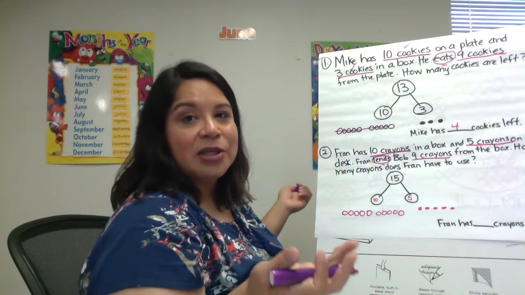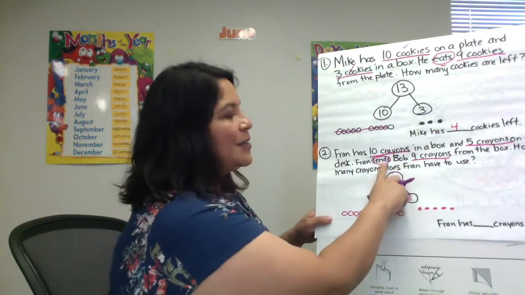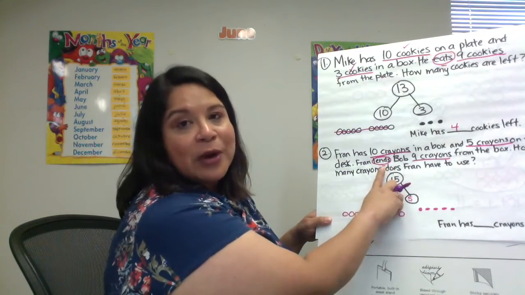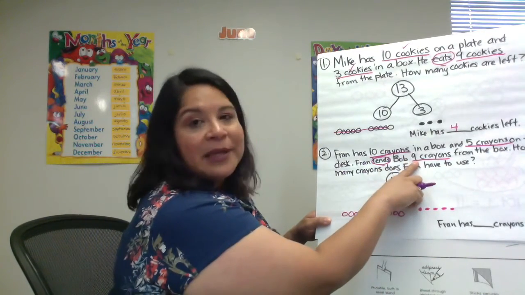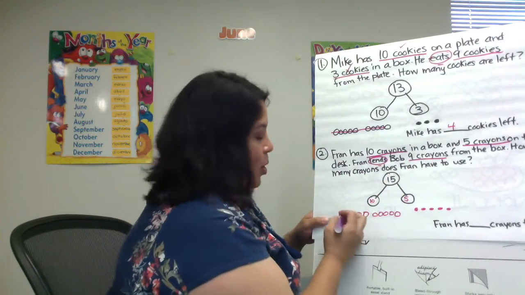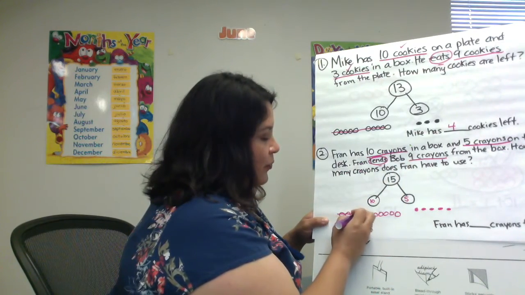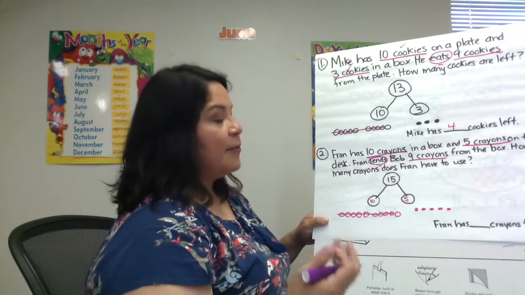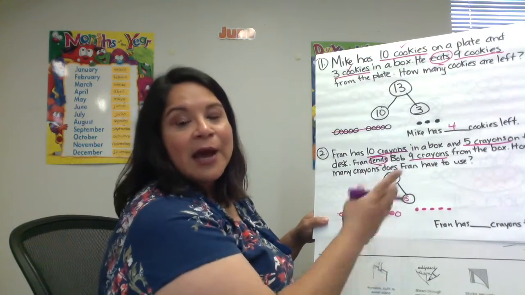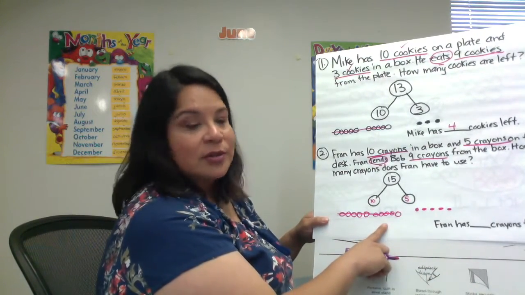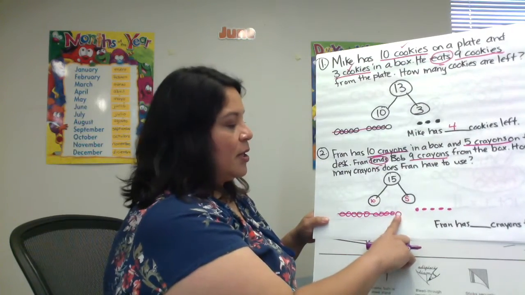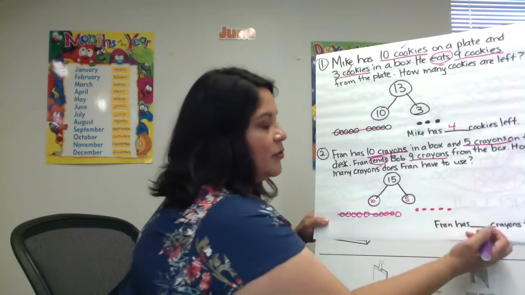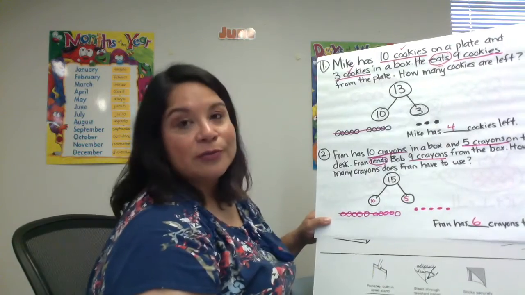How many can she actually use now that she lent Bob 9? So she doesn't have them, so we are going to subtract. We're going to take away. How many? 9. Okay? 1, 2, 3, 4, 5, 6, 7, 8, 9. Now, after she lent 9, how many does she have to use? Don't forget this one. 1, 2, 3, 4, 5, 6. Fran has 6 crayons to use.